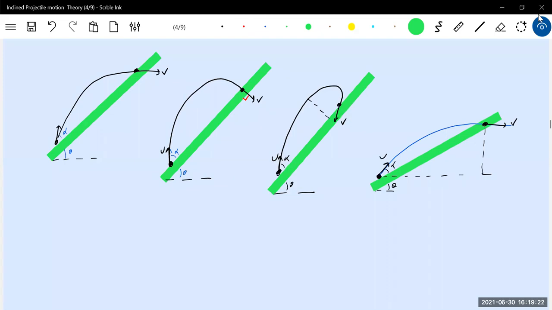Sir, what is the difference between first and last? It is having some component of velocity in this way. I will show it.